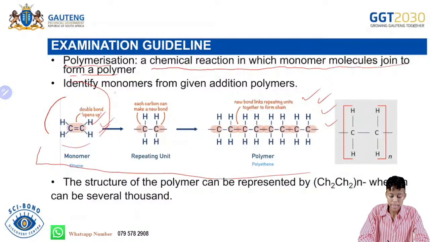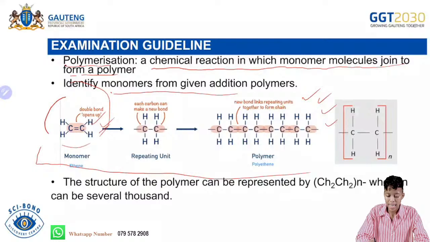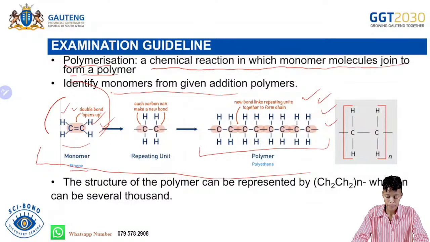Then it says identify monomers from given addition polymers. So we said if the monomer is your ethene, and this is the structure of the ethene, then the polymer, so it means many of the ethenes, would be represented by the structure over here. Then it says the structure of the polymer can be represented by what?